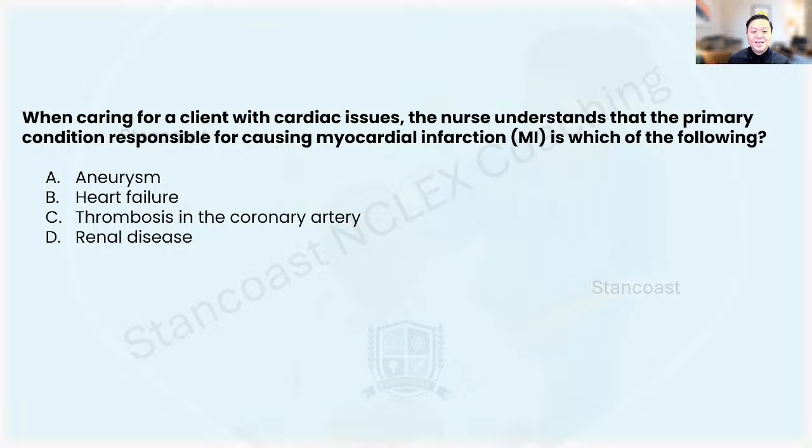Is it A, aneurysm, B, heart failure, C, thrombosis in the coronary artery, or D, renal disease? You have your options right there. A, aneurysm, B, heart failure, C, thrombosis in the coronary artery, D, renal disease. So take your pick.